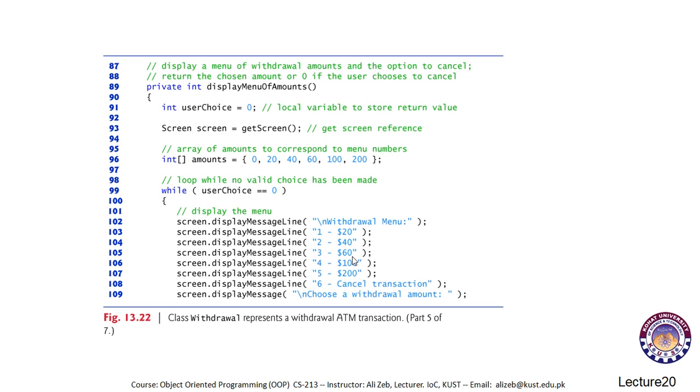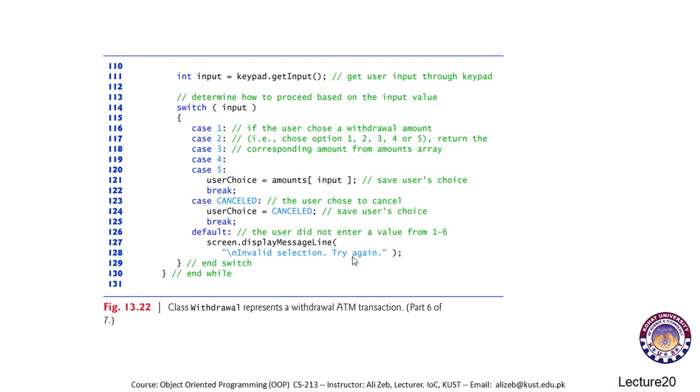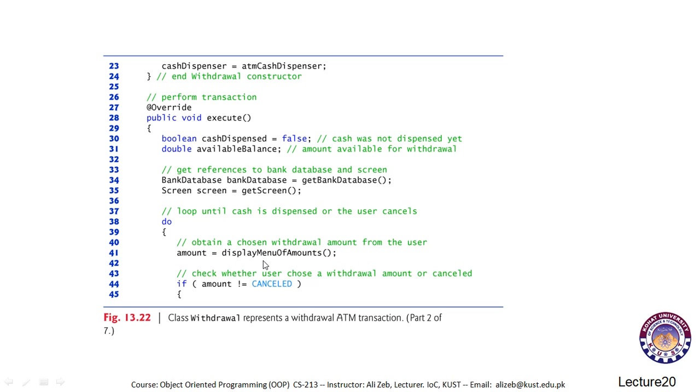It asks us to choose from a menu, and that menu is the amount that we can withdraw from the ATM. So the user inputs a choice, and the respective choice will be selected and returned to the calling method. For example, here that will be displayed at this point in our execute method of the withdrawal class.